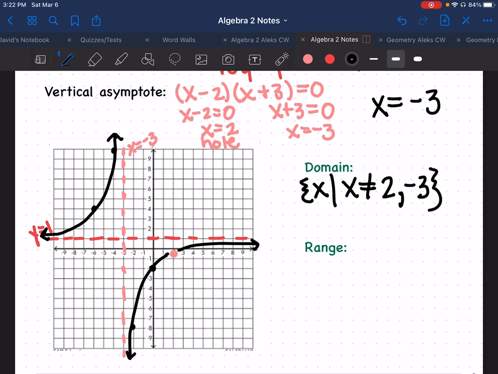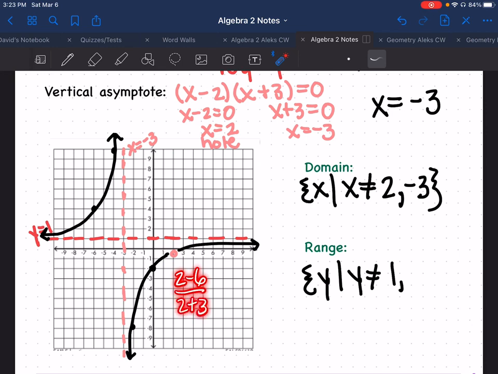That's how I would do this one. And my range, which are my y values, all my y's such that y is not equal to my asymptote of 1. And then for my hole right here, remember that's where we did 2 minus 6 over 2 plus 3, and we got the -4/5.